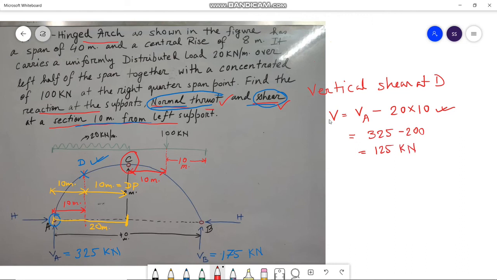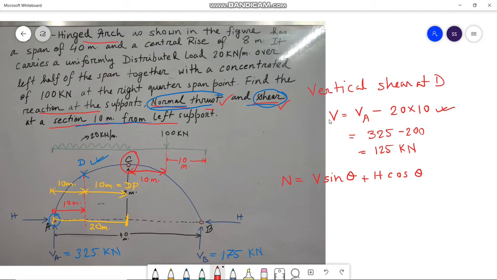So to calculate the normal thrust, we have normal thrust N equals to V sine theta plus H cos theta, and we get this from the property of 3-hinge arch.